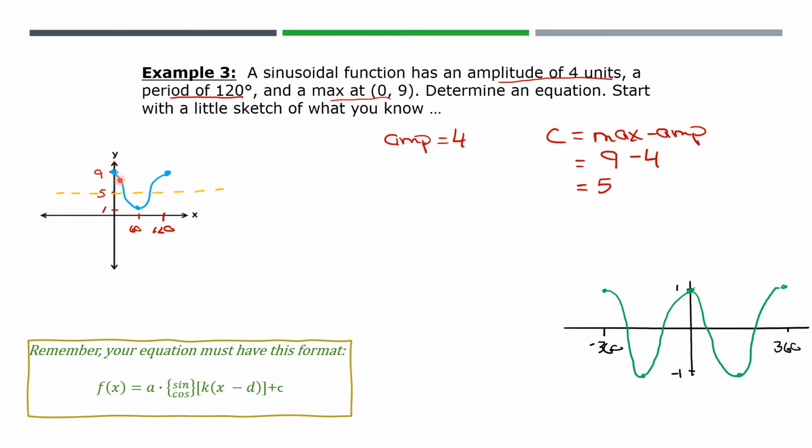So we also have a y-intercept at a maximum here. So that means I'm going to use cos as my parent function, and then I won't need to worry about this d value. As long as I still have a maximum on the y-axis or a minimum, and then I could make my a value negative, then I don't need to worry about the d value, because the d value is a hard one.